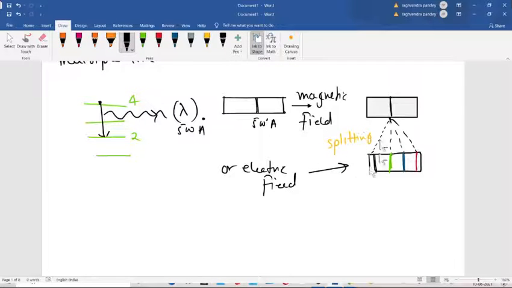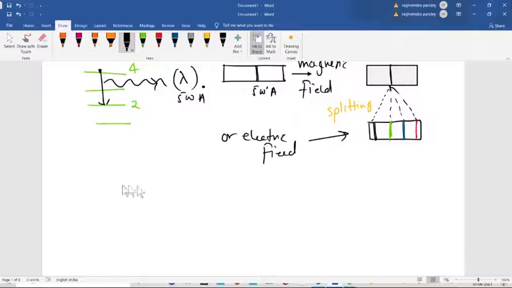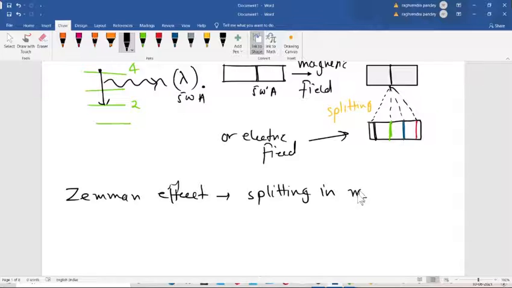Same splitting we get, whether in magnetic field or electric field. So he couldn't explain this. Now there are two scientists who discovered this, which is very important. One is the Zeeman effect. So what is the Zeeman effect? Splitting in magnetic field.